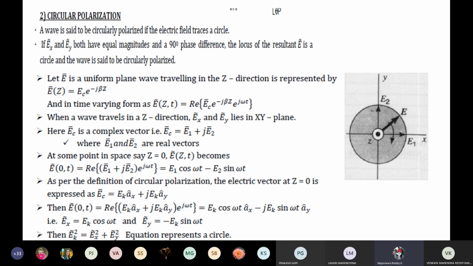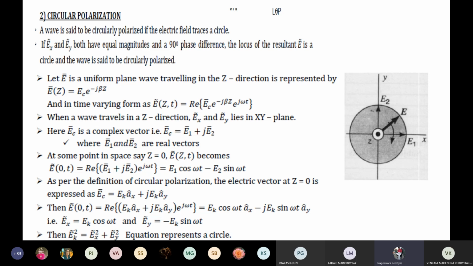Then E of 0 comma t is equal to real part of Ek a cap x plus j into Ek a cap y into e power j omega t, that is equal to Ek cos omega t a cap x minus Ek sin omega t a cap y.